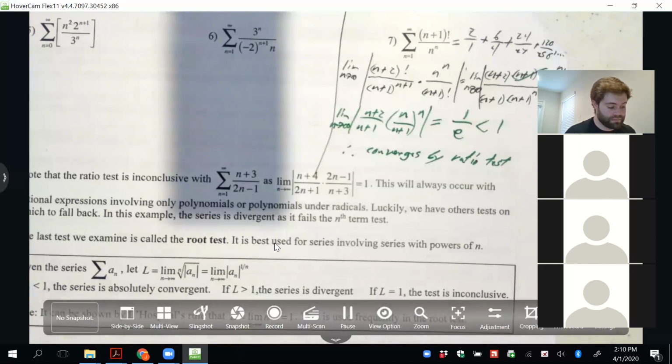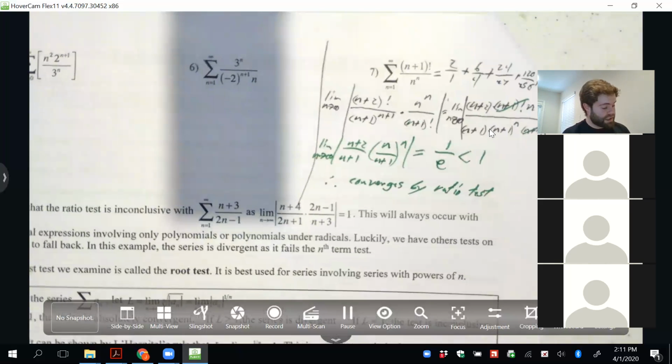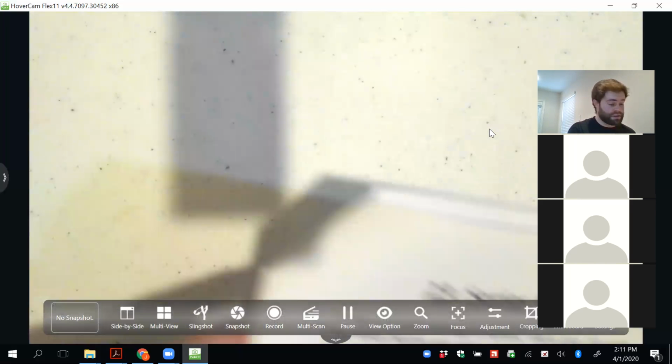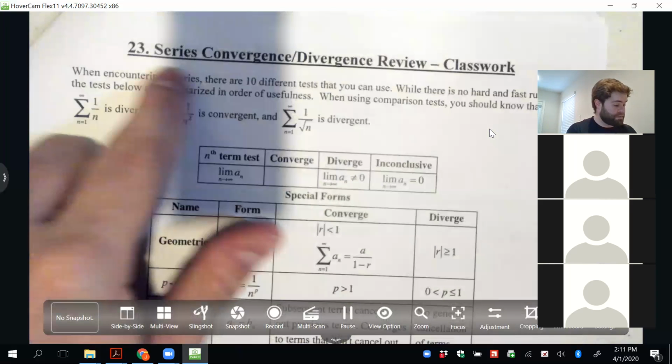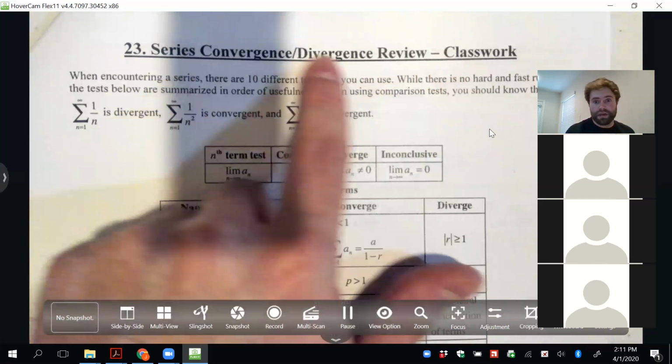What else? Any questions? Is that the last section of the packet that is online right now? It's just the review and summary. So yeah, the current packet you have, we have this section right here, and then the last section of the packet, section 23, is essentially just a review and summary of all the sequences and series, convergence and divergence stuff.